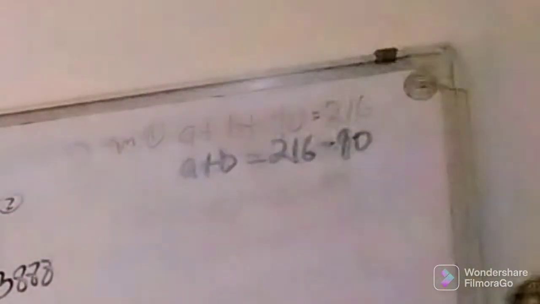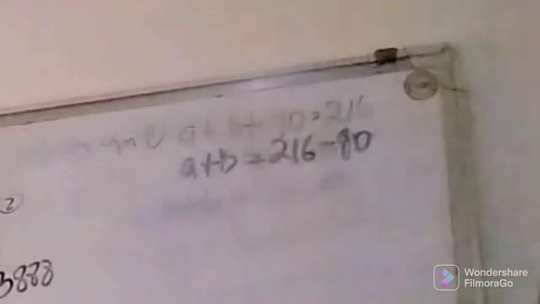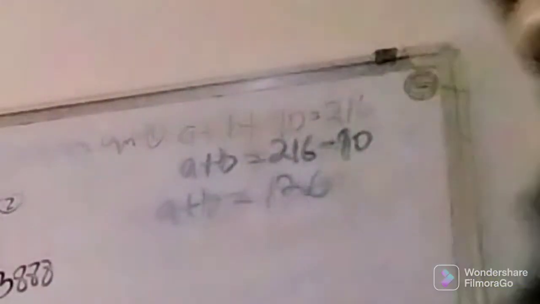So A plus B is equal to 216 minus 90. Okay, so we use our calculator. 216 minus 90 gave us A plus B equal to 126.